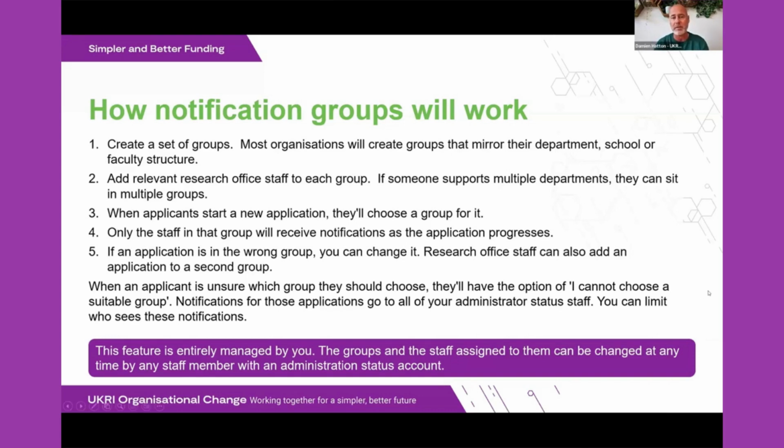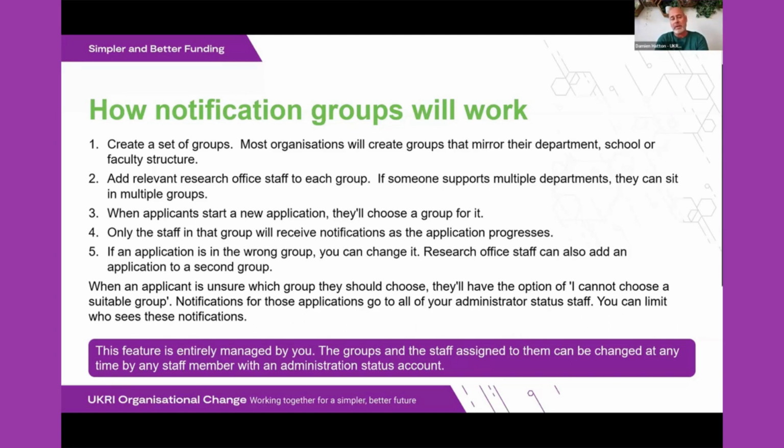You can add the different people in your research office administrative staff to each group. You could belong to multiple groups, but importantly, when an applicant starts a new application, they'll choose a group that their application should belong to. I'll demo this shortly, so you get to see what this looks like.